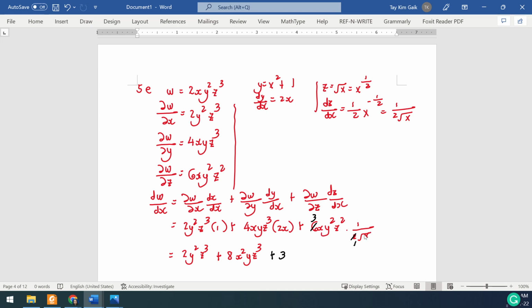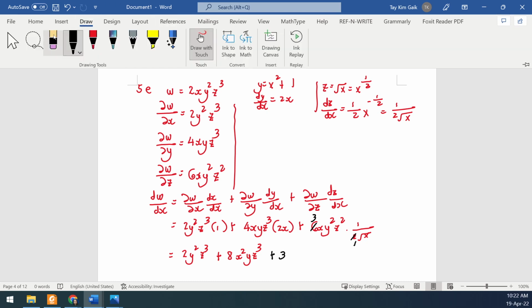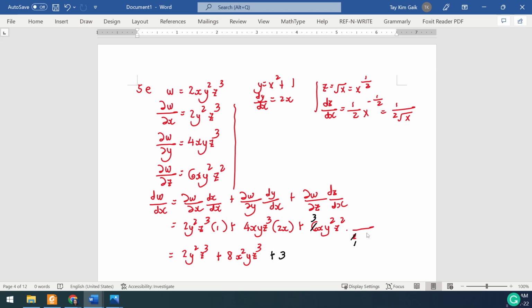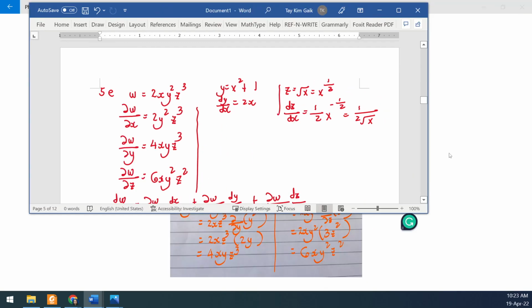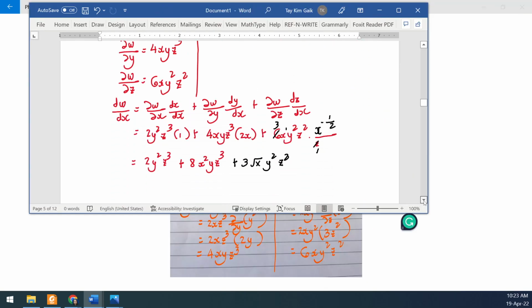So root x, or we put this way: half x power negative half. 6 divided by 2 is 3. So x power 1 multiply x power negative half, you get x power half, which is root x, and then y squared z squared. Okay, you can minimize and check with the module answer.